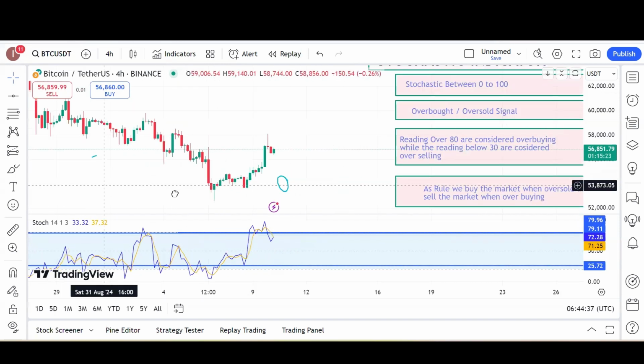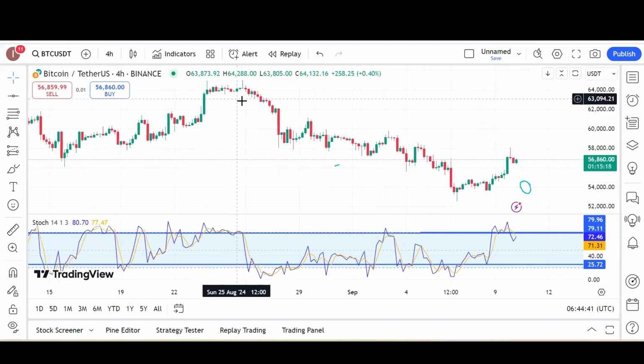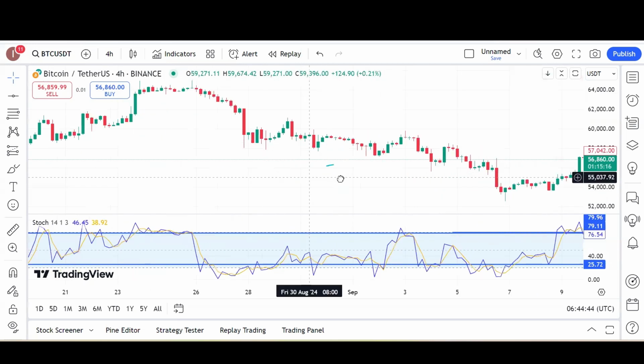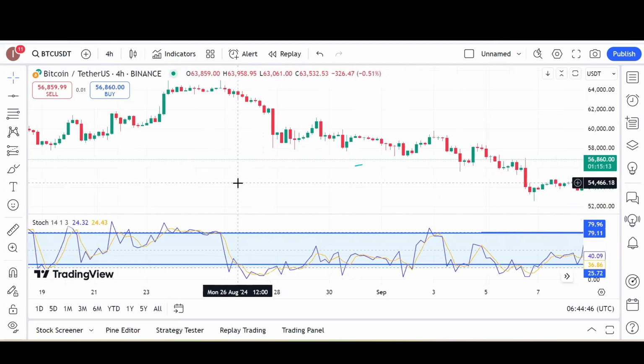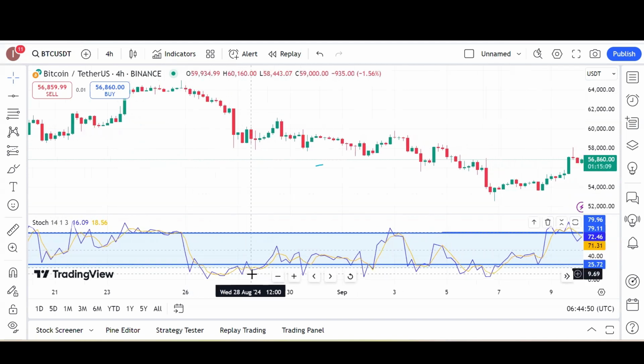You can see here the stochastic indicator. When the market is down, your blue line is here.